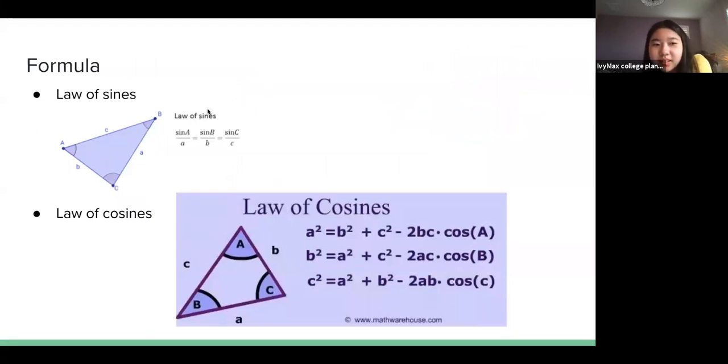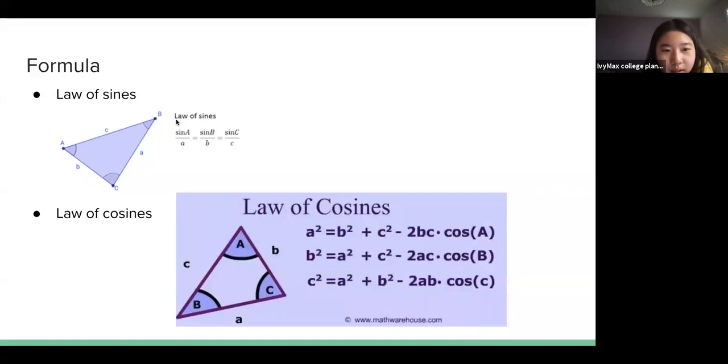Okay, so here are two really important formulas. The first one is the law of sines, and the second one is the law of cosines. For the law of sines, you have a triangle right here.